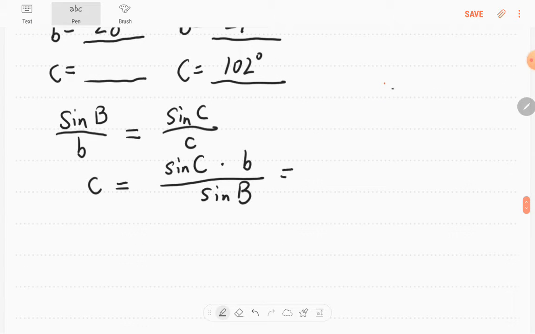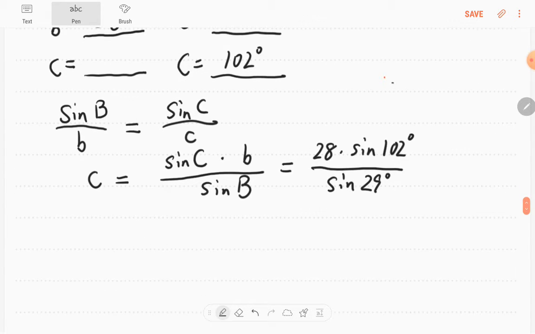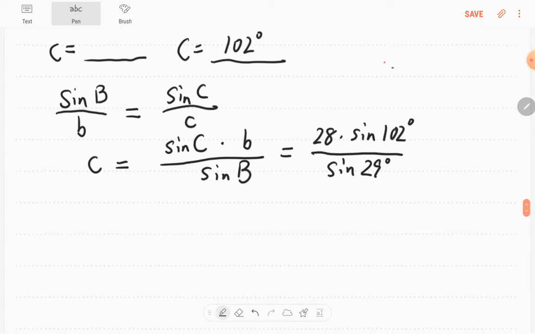We know b is 28, so we put 28 here, and sine of C is 102 degrees. One thing is you cannot multiply 102 by 28. The reason is this 28 is a number which is outside this function. Sine is like a door. You cannot open the door and enter it. Over sine B, and B is 29 degrees. Then we can use the calculator to calculate this side c.